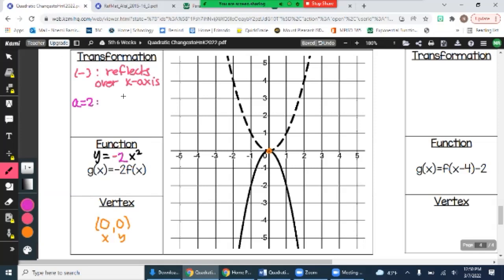It makes it what? Skinnier. So meaning we have a vertical stretch. And that's it for that one. The skinnier it gets, the more it starts to look like a vertical line. So vertical stretch.